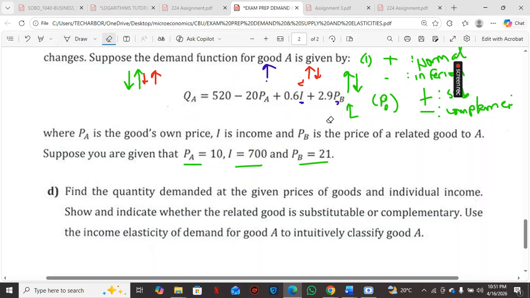This 520 just represents if the price of good A is 0, income is 0, and the price of good B is 0, then how much of good A will be demanded.